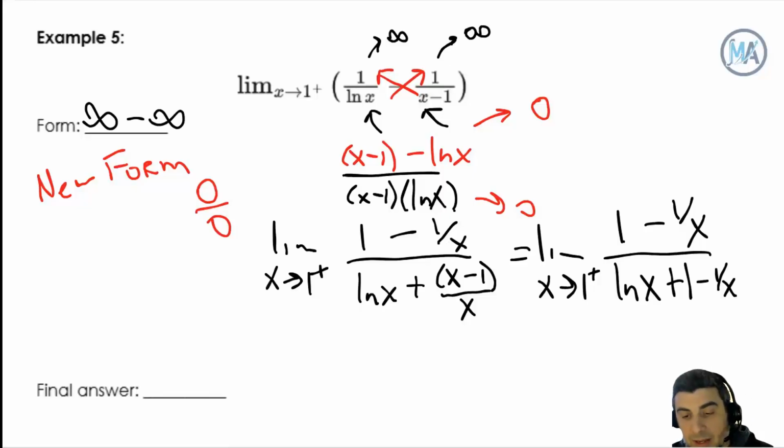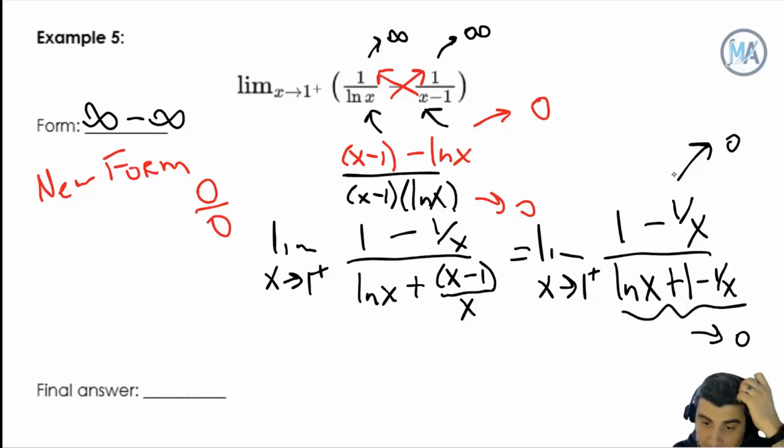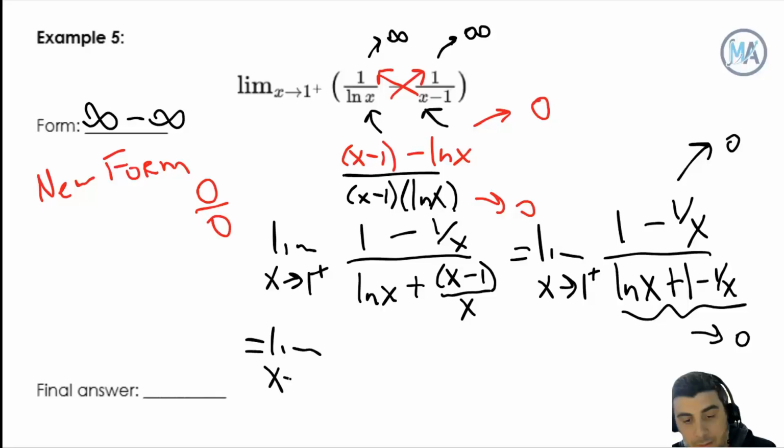Now, if we take the limit as x approaches 1 from the right for this, you would have 0, and the denominator here would also approach 0. So we would have to apply L'Hopital's rule again, and the numerator would just simplify to 1 over x squared, and the denominator would be 1 over x plus 1 over x squared.